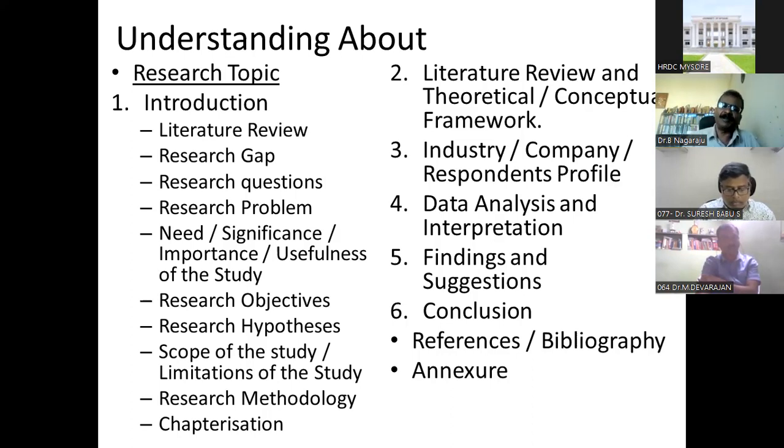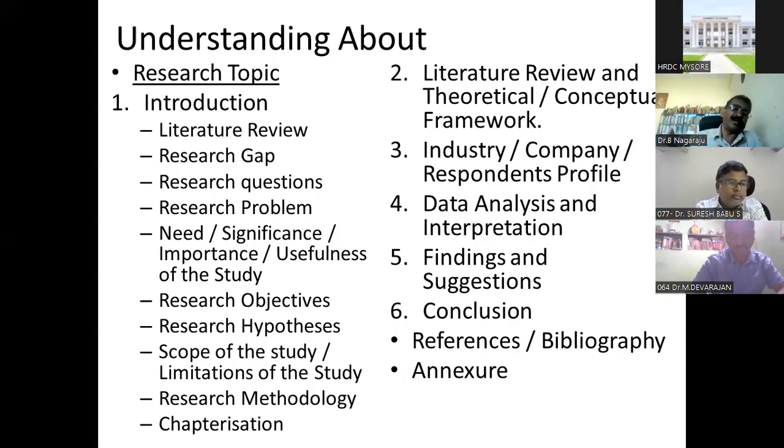Then one more chapter, we are going to consider data analysis and interpretations. There, again, whatever methodology you have stated, you are going to follow here. In data analysis and interpretations, normally we have personal factors as well as study factors. Personal factors means demographic factors. For demographic factors, we are going to analyze through Pareto as well as Ishikawa analysis.